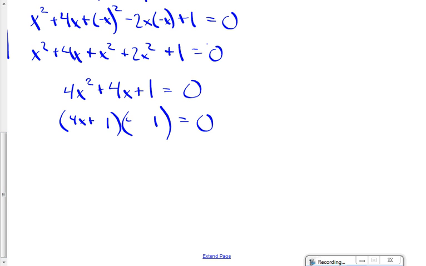Whoops. Does that work? If I FOIL, I get 4x squared, 4x, 1x. That's not going to give me what I want. 2x on both of them. Both work. So what's that give us? A double solution. X equals what? Negative 1/2.